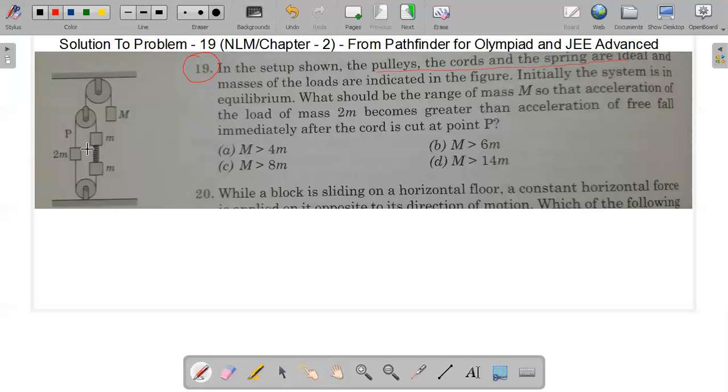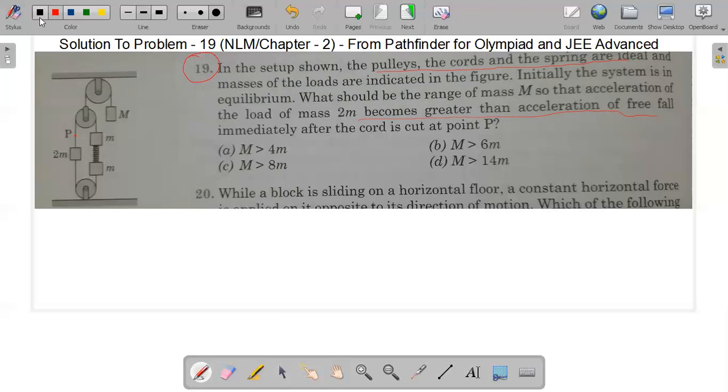At a certain time, the string is cut at this point P, and just after cutting the string, this mass 2m moves downward with some acceleration greater than free fall. We have to look for the condition which can satisfy this.